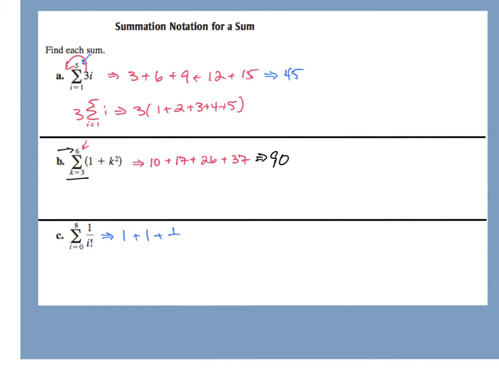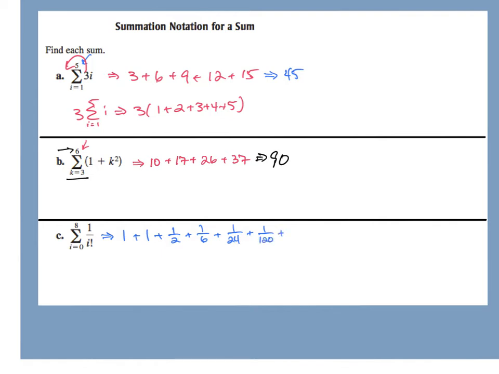1/2. And then I substitute in 3. 3 factorial is 6, so I end up with 1/6. Plus 1 over 4 factorial, which is 1 over 24. Plus, what's 5 factorial? Just multiply by 5. What do we get? 120.